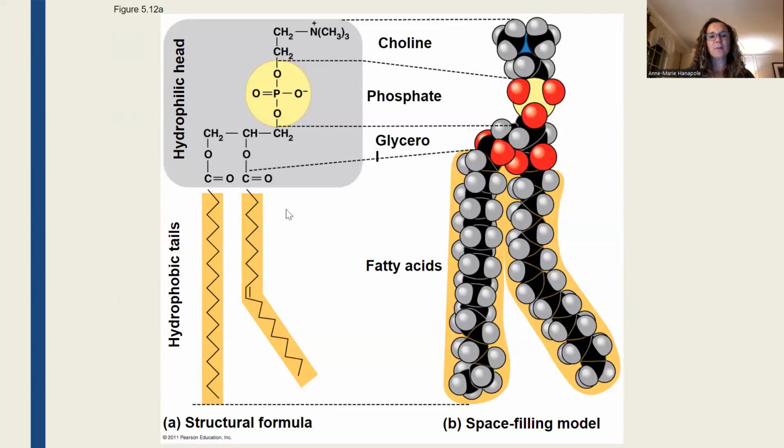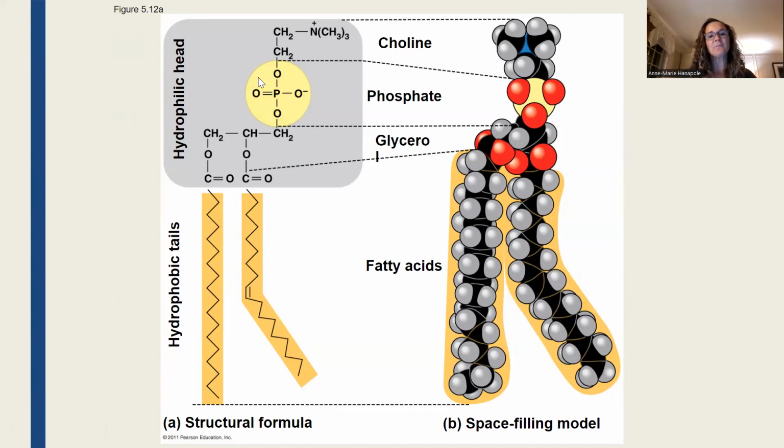So here's your diagram. Here is your glycerol molecule up top. This time it's kind of going horizontal instead of vertical, but your fatty acids are these 2 orange chains coming down. This one is a saturated fatty acid chain and an unsaturated fatty acid chain, so it's putting a kink in it.